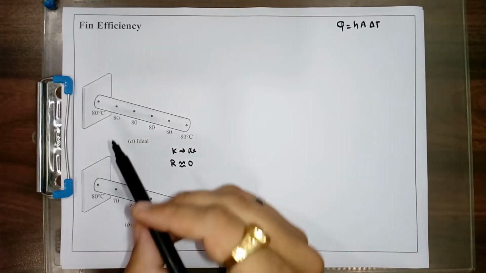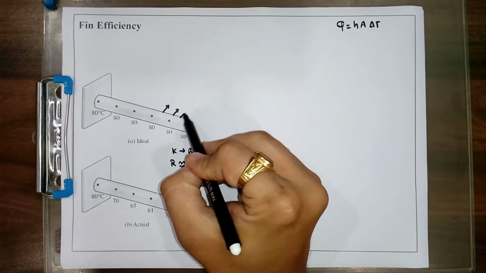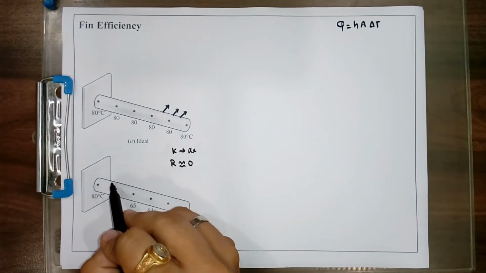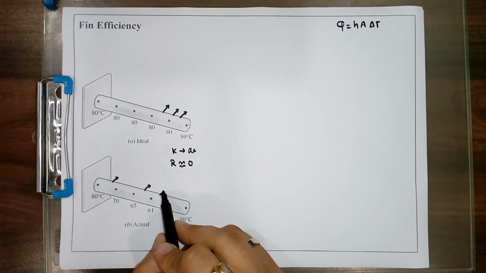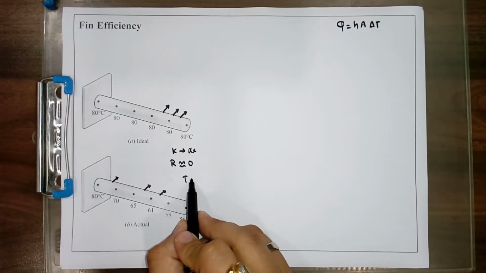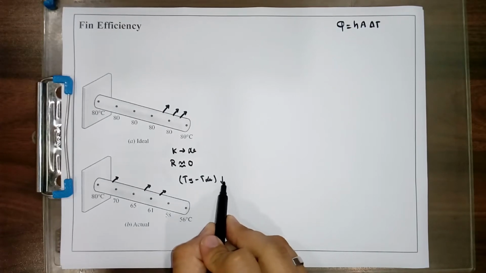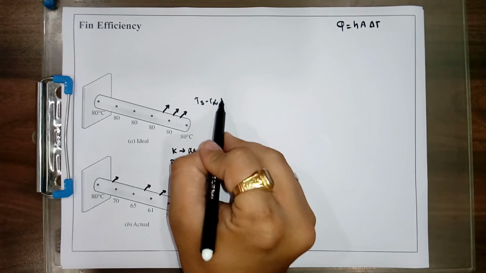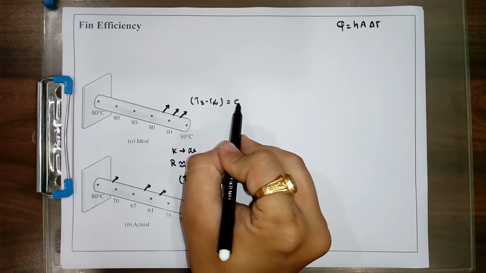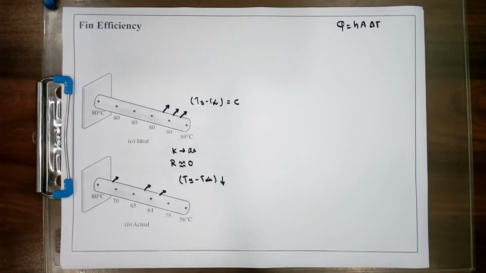It means that for the rate of heat transfer from fin to the ambient, in the actual case, as you progress the convective heat transfer rate decreases because Ts minus T infinity decreases, whereas in the ideal case Ts minus T infinity becomes a constant, because the temperature on the fin surface remains constant.